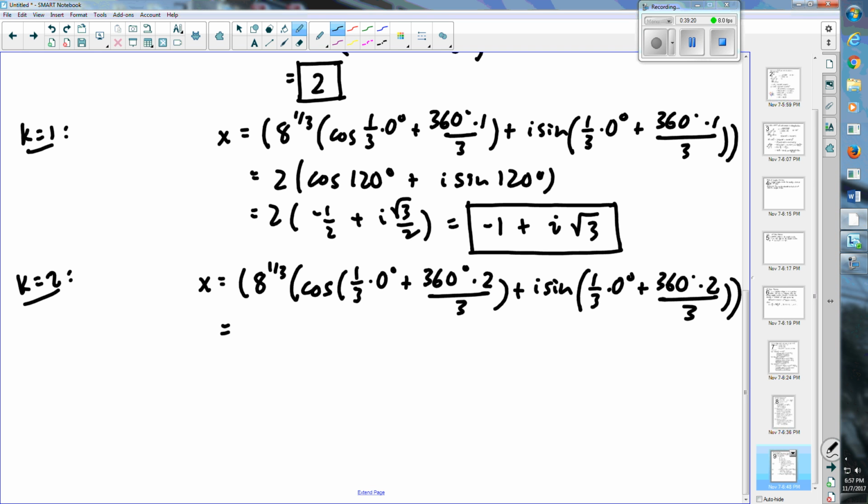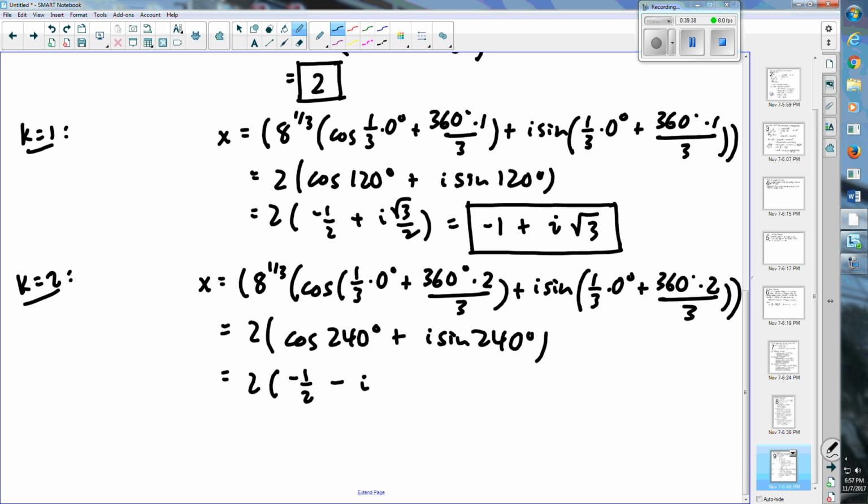Close the parenthesis twice. 8 to the 1/3 is 2. That leaves us with the cosine of 240 plus i sine 240 equals 2 times the cosine of 240, which is negative 1/2, minus i root 3 over 2. This ends up being negative 1 minus i root 3.